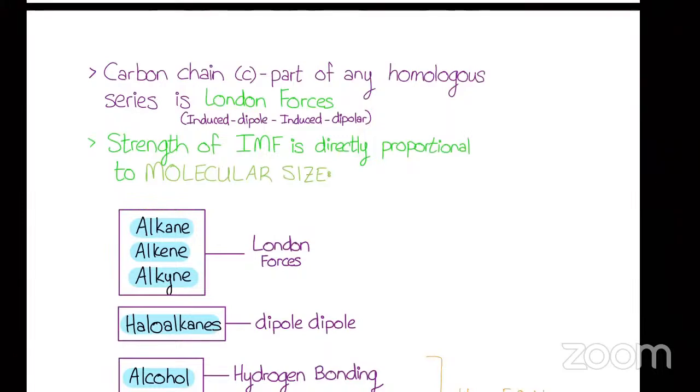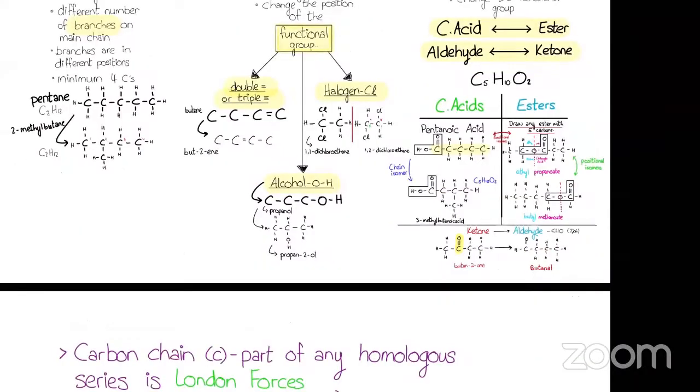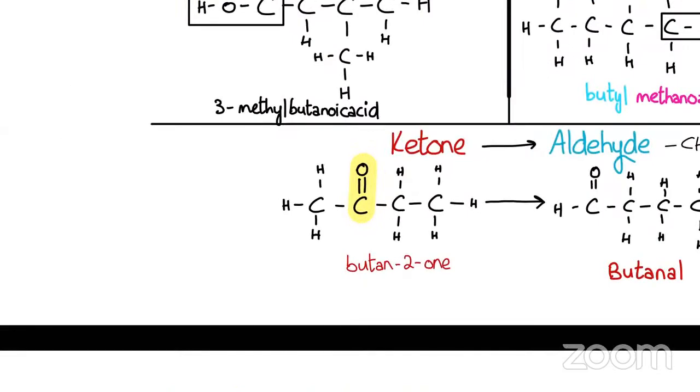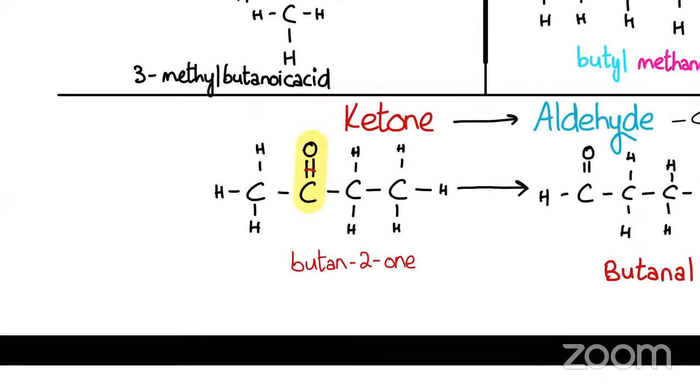Won't we lose marks for not specifying the functional group? So with something like butan-2-one, it depends on your marker, because the second position of the carbon is the closest you can go to the edge of this compound. As soon as you put the double bonded O over here, it's going to become an aldehyde.